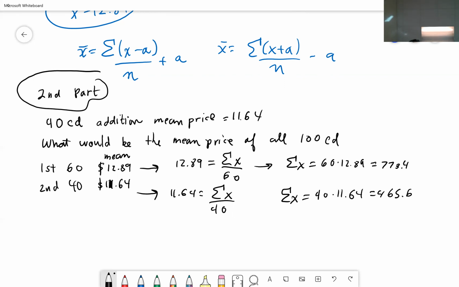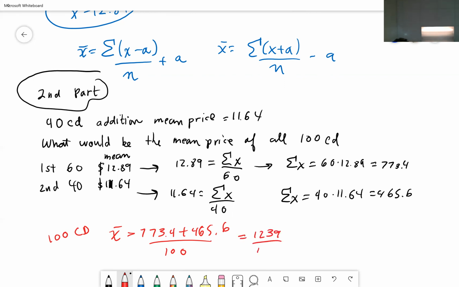And now you can say that the new X bar for the 100 CDs must equal 773.4 plus 465.6 and divide that by 100. So let's do the math. You get 1,239 divided by 100, and the new average would be approximately 12.39.